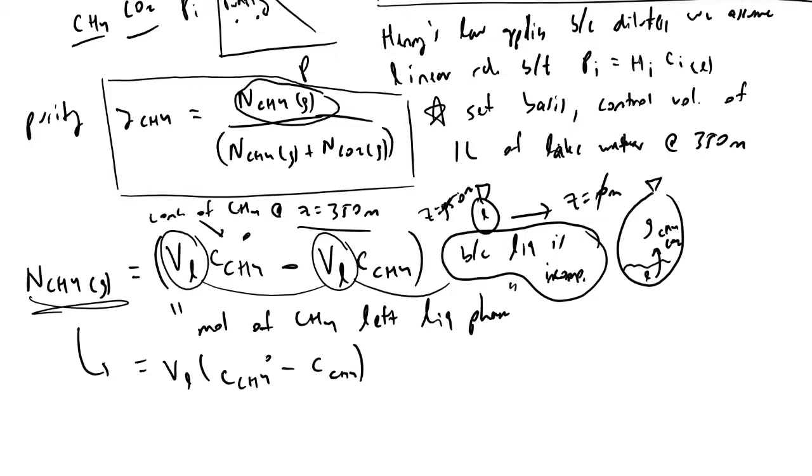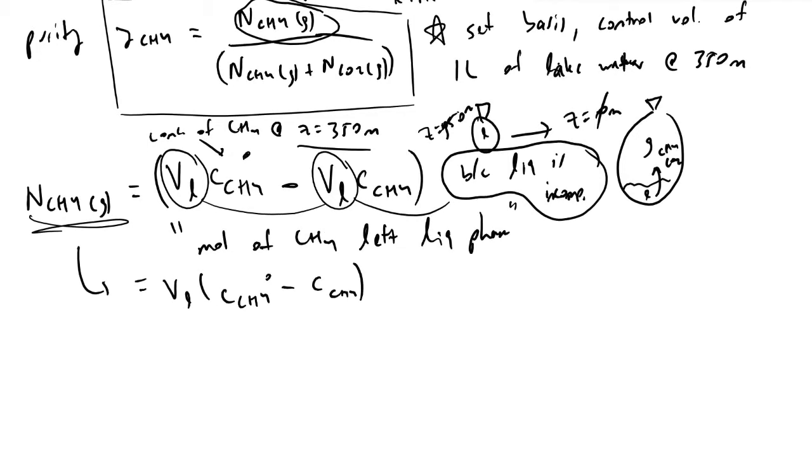Performing the same calculation, now analyzing carbon dioxide that exists in the gas phase, we'll find the same thing where we can pull out V sub L because the liquid volume of our control volume is a constant 1 liter, and we'll have CCO2 at z equals 350 minus CCO2 that exists at whatever given new pressure.